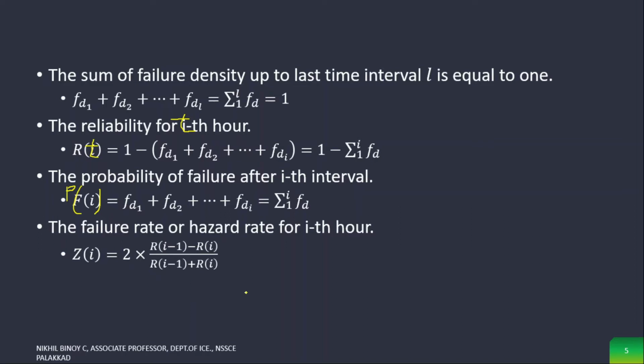In the previous case I told you, if delta t equal to 1, both time and interval are the same, t equal to I. So at that point we can write this as z of t equal to 2 into (R of t minus 1 minus R of t) divided by (R of t minus 1 plus R of t). Both are the same.